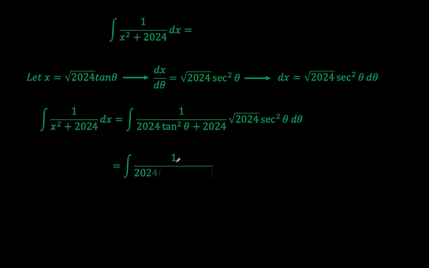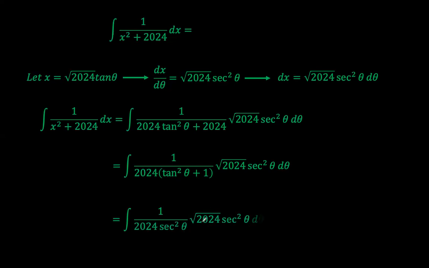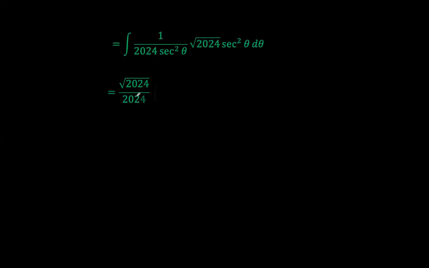In the denominator, we can factor 2024 out, and so we have 2024 times (tan squared theta plus 1) in the denominator. And tan squared theta plus 1 is the same as sec squared theta. And then we can pull the constants out. So we have the square root of 2024 over 2024, integral of sec squared theta over sec squared theta.